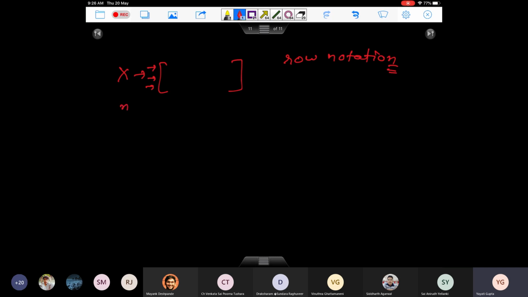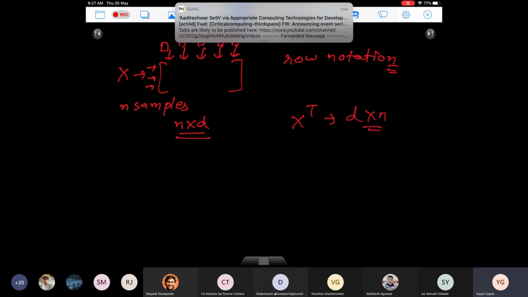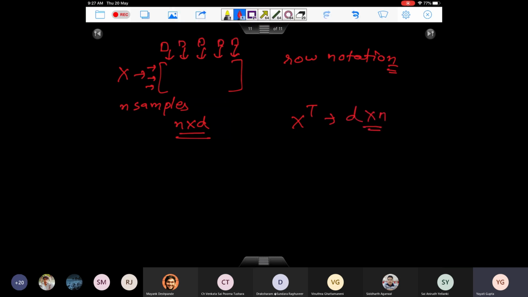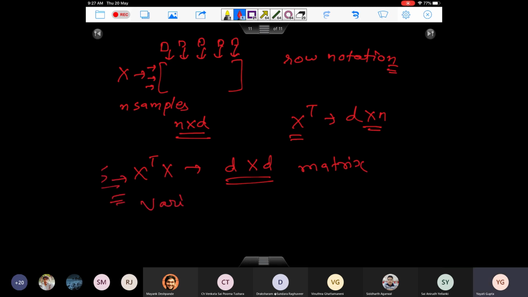Let's say there are n samples and D columns, so each column is a feature. So this is n times D. X transpose would be D times n, basically just converting columns to rows. If you compute X transpose X, this boils down to a D cross D matrix. This is what your sigma is, the variance matrix.